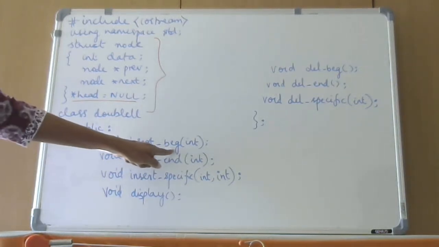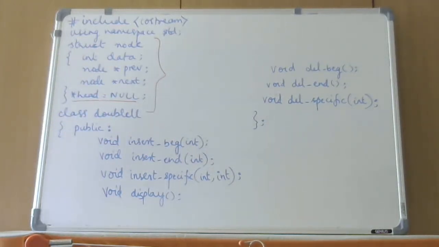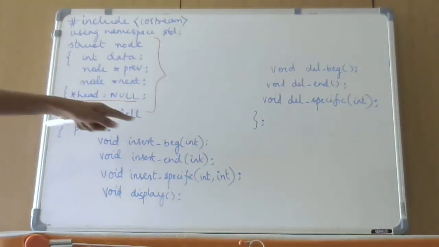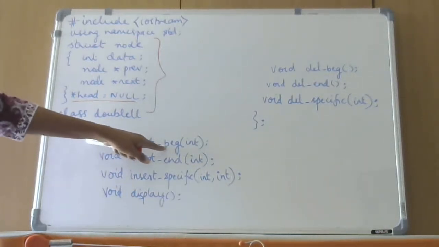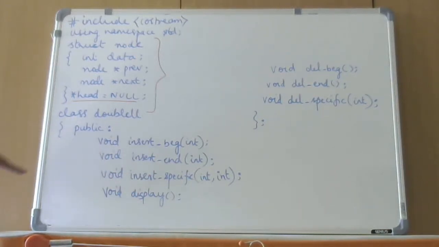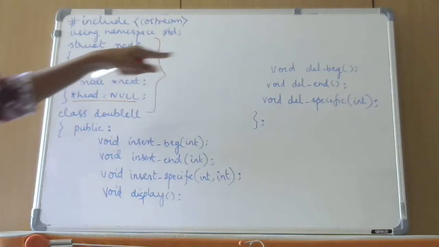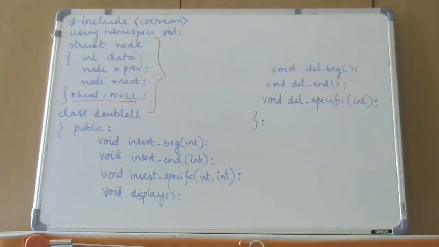So insert at the beginning. This int means you have to pass a parameter, the value you want to insert. You will accept the value to be inserted in the main function and call this function from the main function. This is all similar to what we have done so far. Insert at the beginning, insert at the end, insert at a specific location, display as one function, then deletion at the beginning, deletion at the end, delete a specific node.